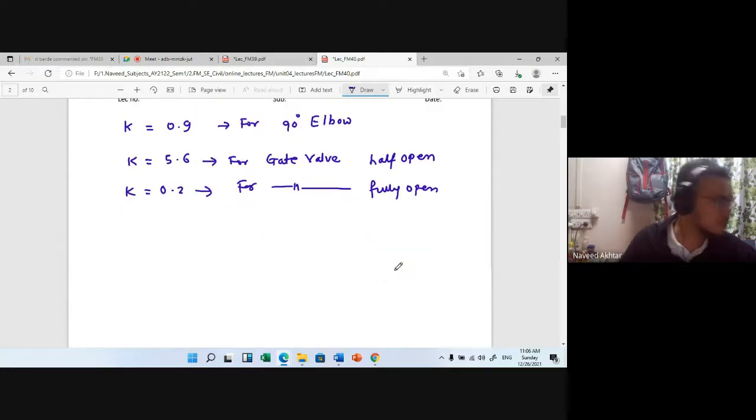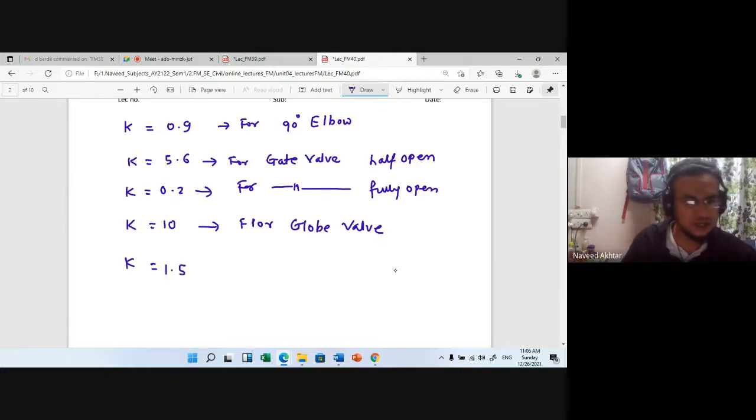Value of K is equal to 10 for globe valve. This is a type of valve. The value of K is equal to 1.5 for the foot valve.